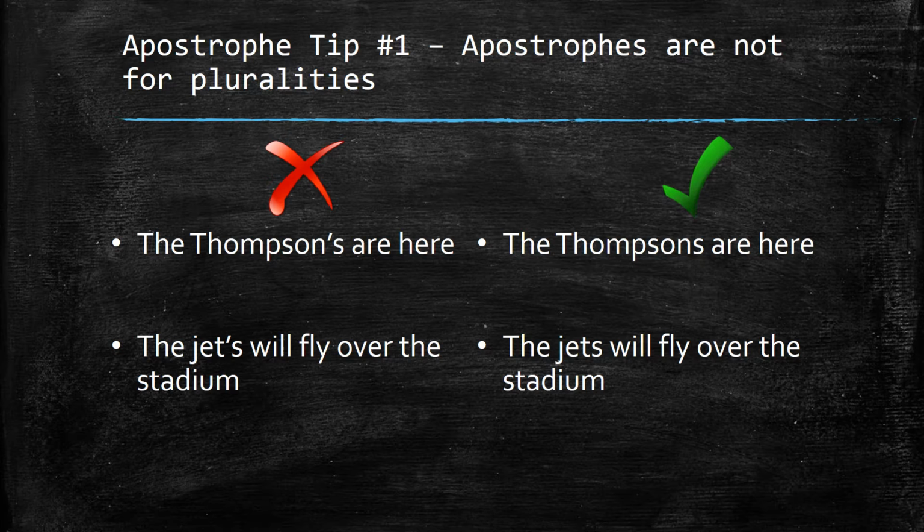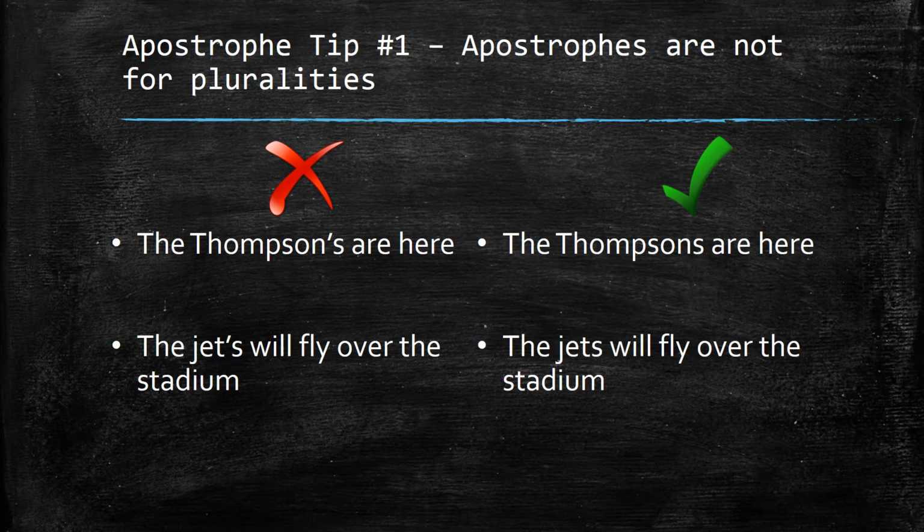Now we're going to learn that apostrophes are only for showing possession of something, and then they can also be used for contractions. Well, neither of those are going on here. And so this is one trick you have to watch out for. This is likely going to show up somewhere on the test when you take it, even if it's just one answer choice, where they will put an apostrophe on a word for no other reason than it kind of looks good because that word is plural.